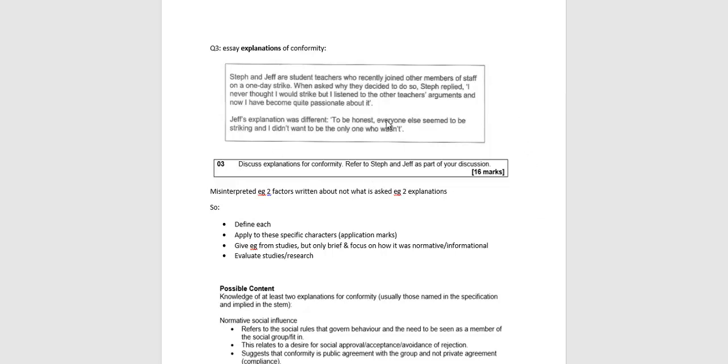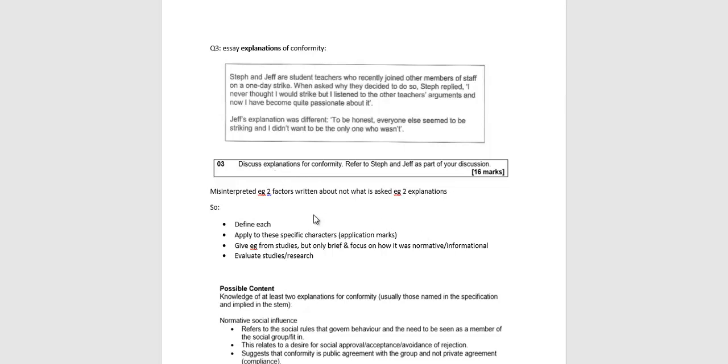So clearly we've got characters, it's a STEM question, so you must keep referring back to the STEM. What I found is that students will often completely misinterpret this question. They're so geared up to factors affecting conformity that they just go straight into that response. Here it's explanations for conformity.